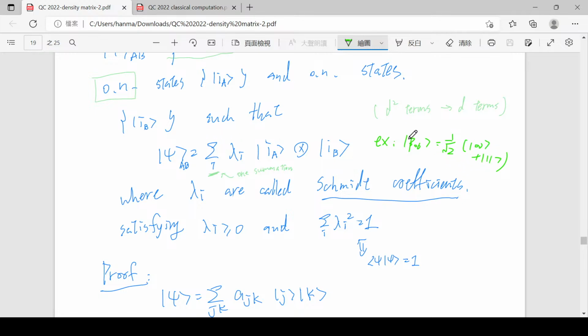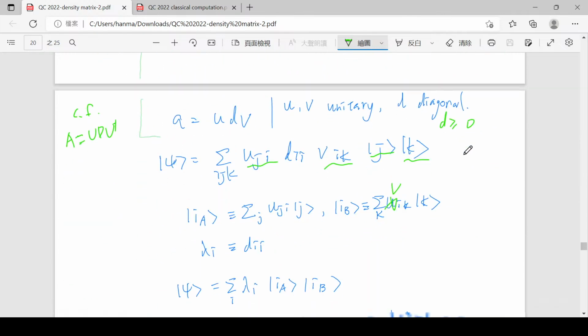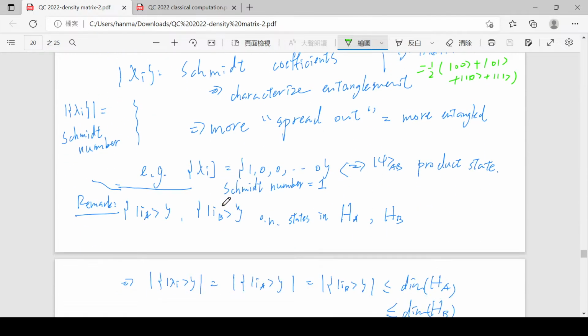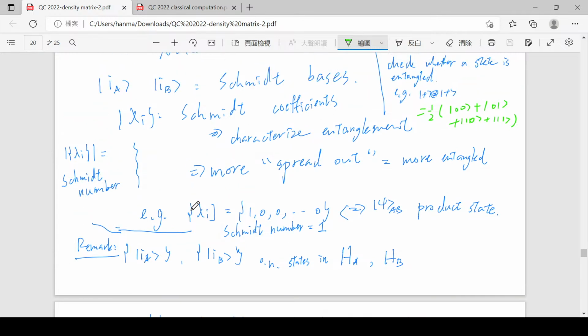That's the most spread out way you can have for two numbers, and that's the maximally entangled state. On the other hand, for our product state example, the Schmidt coefficient is concentrated on just one of them. So it's 1, 0, 0, 0, and this is the most non-entangled state.